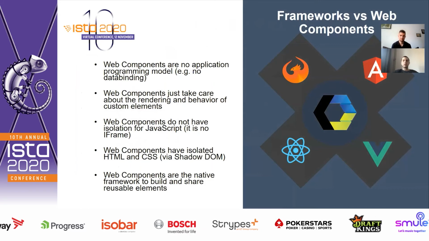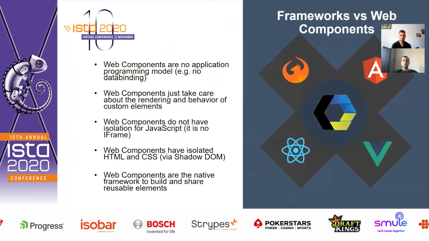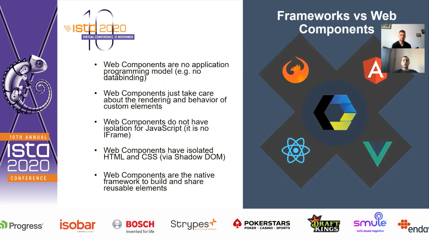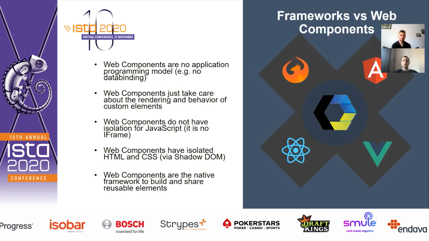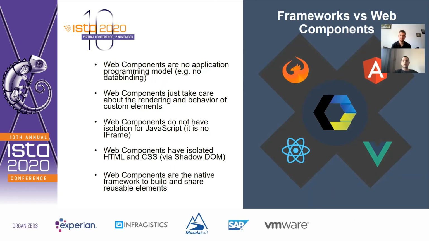Web components is the native web way of sharing reusable code in different places. Web components just take care of the rendering and the behavior of the custom elements. They do not provide a programming model, as I already mentioned. They do not provide data binding.